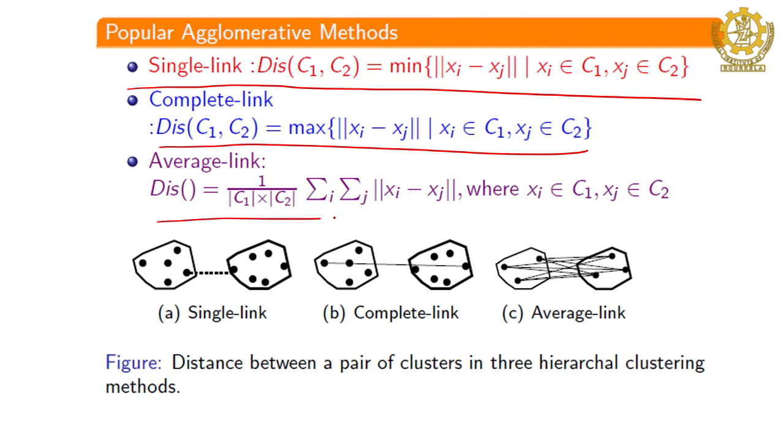Otherwise, if you compute the distance in this fashion, then the agglomerative approach is the average link. So, there are three algorithms: single linkage, complete linkage, and average linkage. Only the distance measure changes, otherwise the basic structure of the algorithm remains the same, that I covered in the last slide.